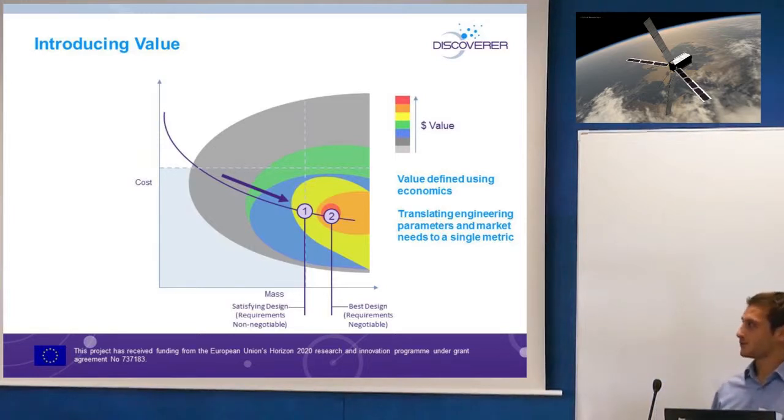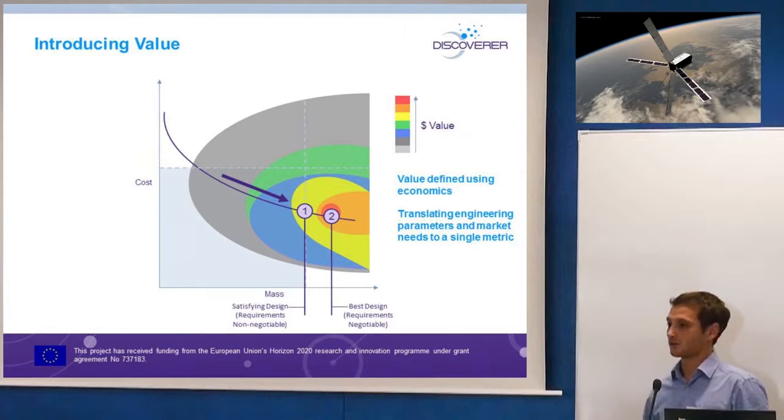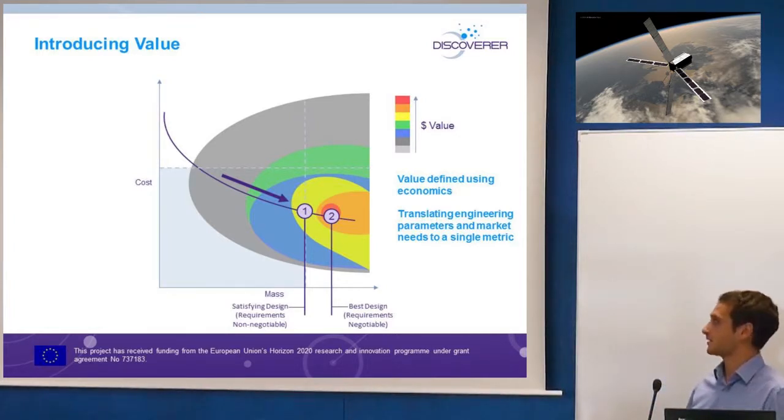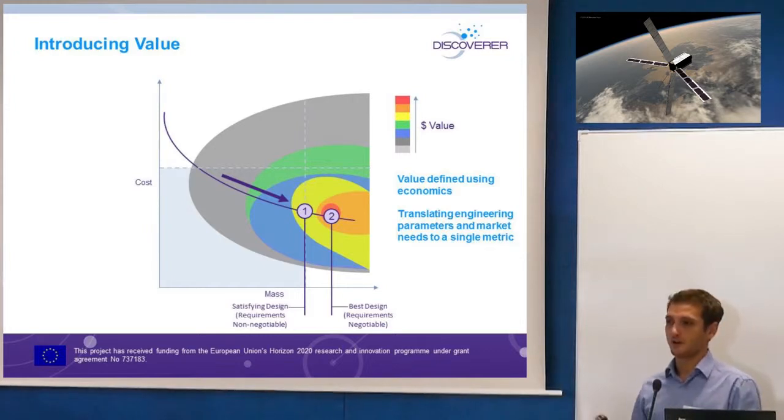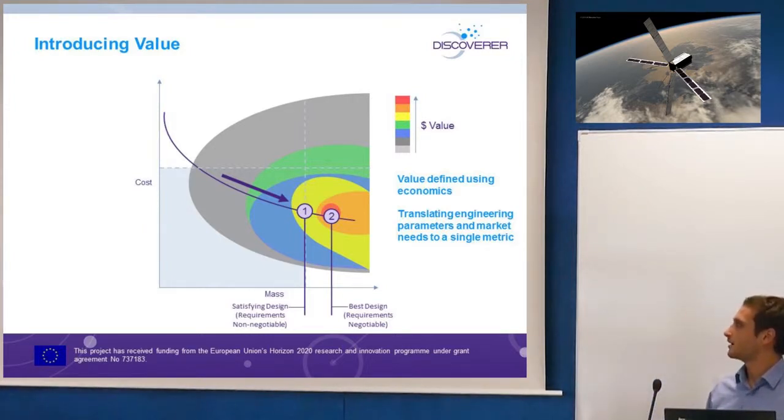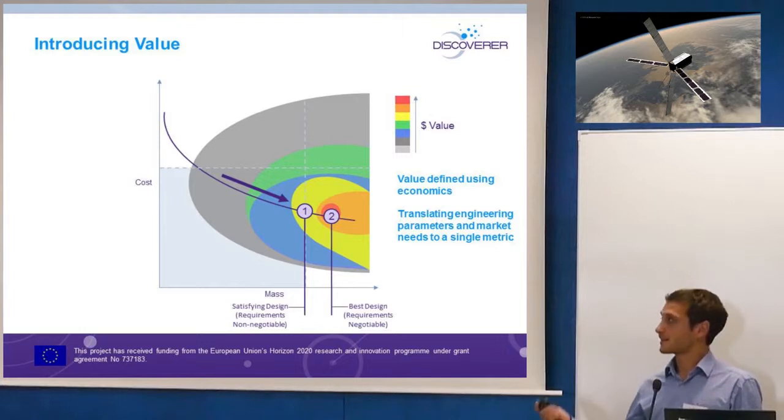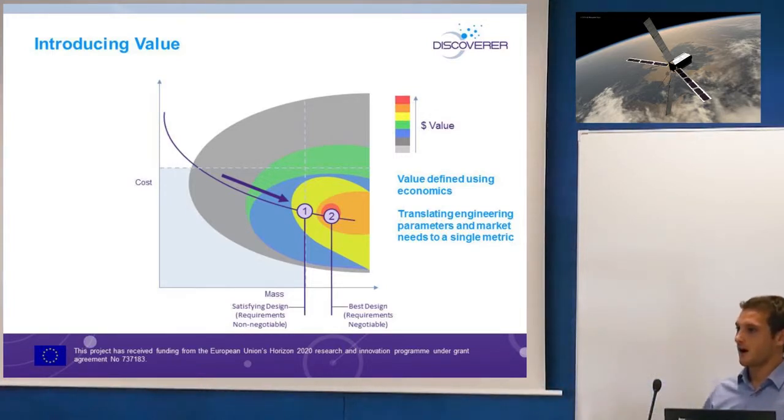And now we get two points. Our first point is where we satisfy our requirements whilst also achieving the highest value. So if we follow the contours and we follow the curve, we arrive at a point which hits our requirement in mass and also has our highest value within that requirements box.